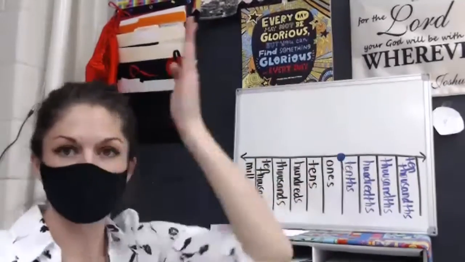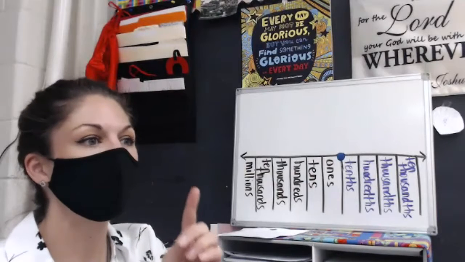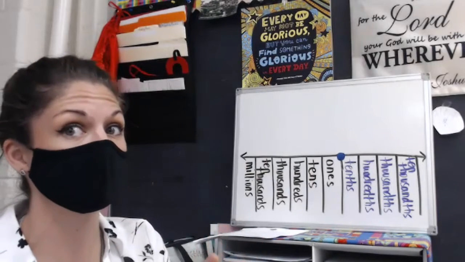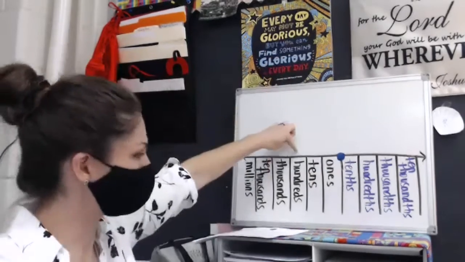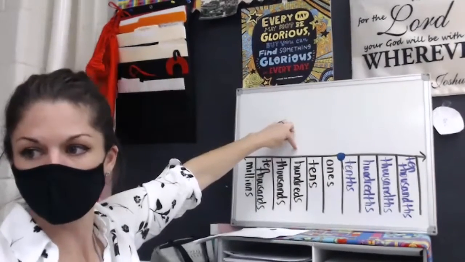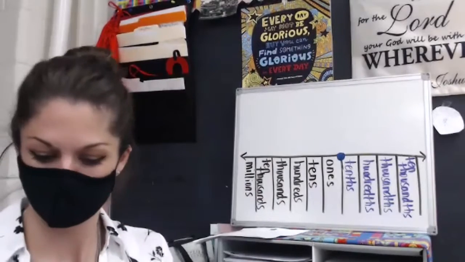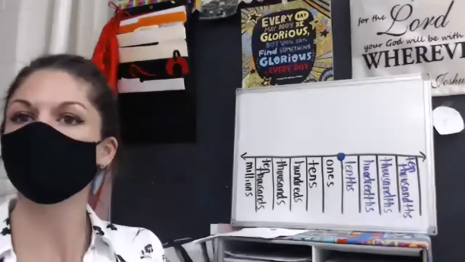If you looked on your place value chart in your resource notebook, what power of 10? This is a tricky question, so you need to use your place value chart. What power of 10 goes with hundreds? What do you think, Leah?